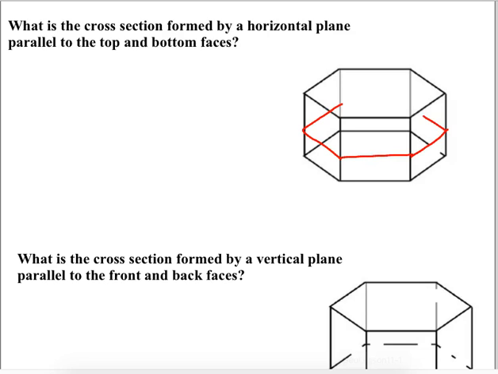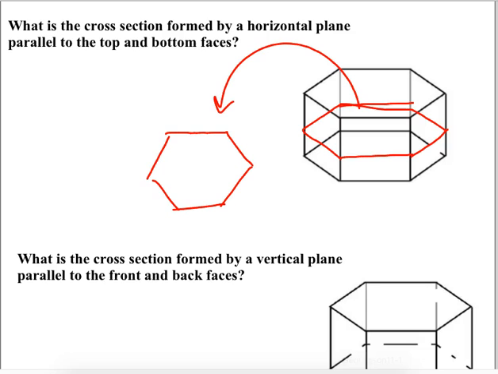It's like you're cutting open a hamburger bun that's shaped like a hexagon. So what shape are you resulting in? Well, you're resulting in a hexagon. So if you were to cut that in half, you would end up with the cross section of a hexagon.